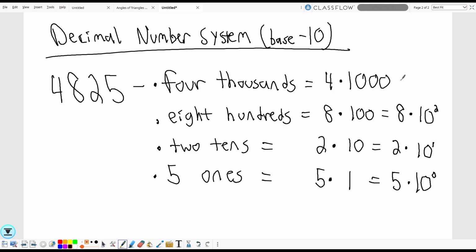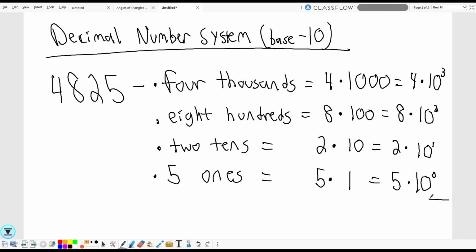And then finally, 4 times 1,000 can be written as 4 times 10 to the 3rd power. And that's what I mean. This number, 4,825, is really just a collection of different powers of 10 added together.